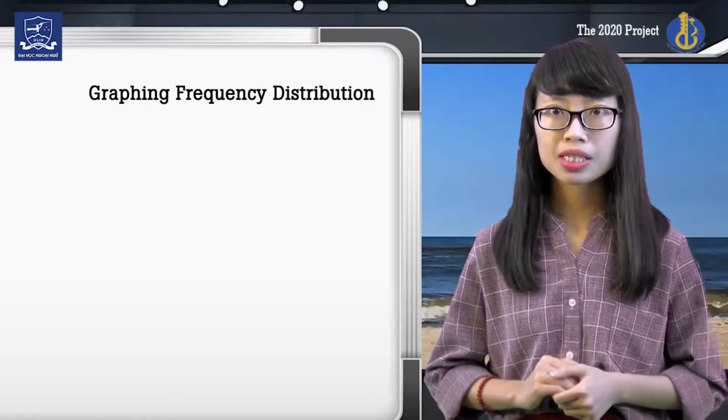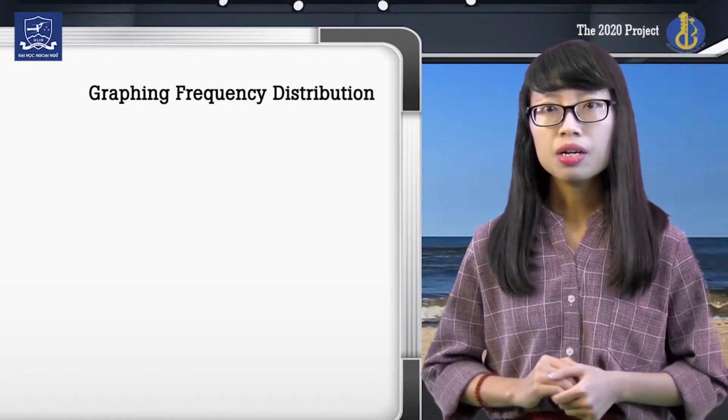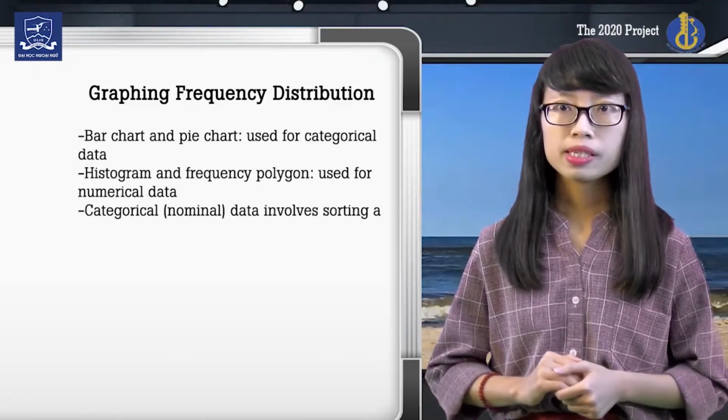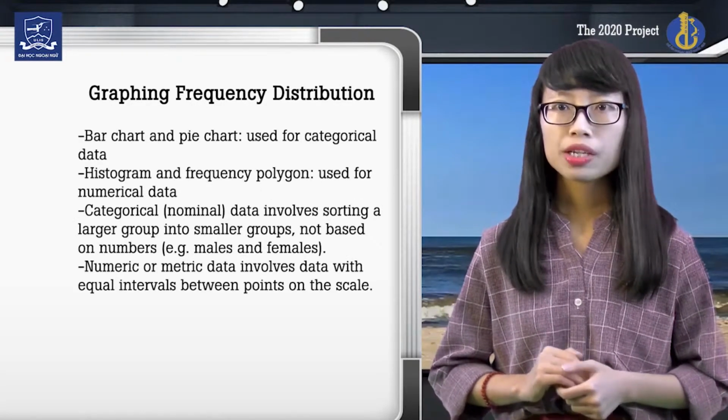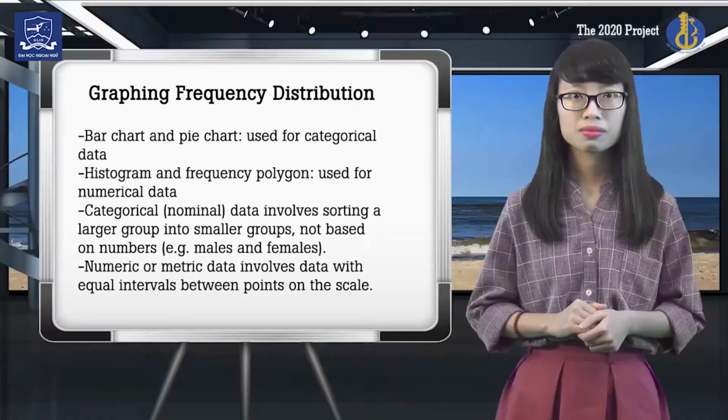Frequency distributions are often presented with graphs and charts. We will discuss 4 types here: bar charts, pie charts, histograms, and frequency polygons.